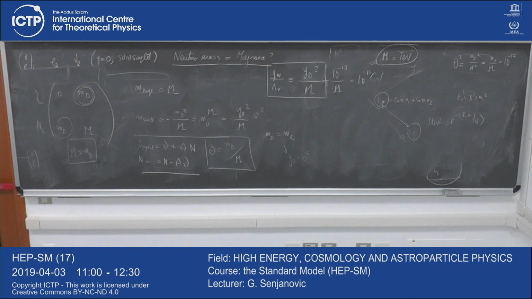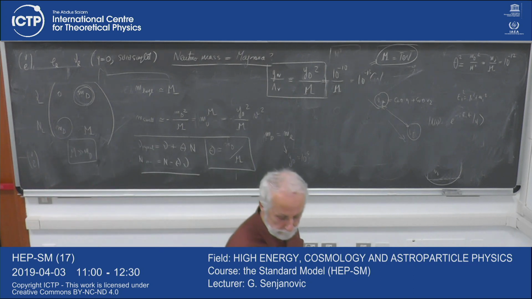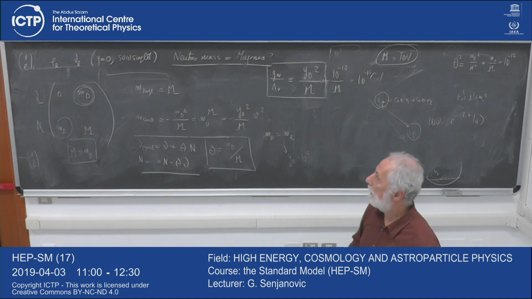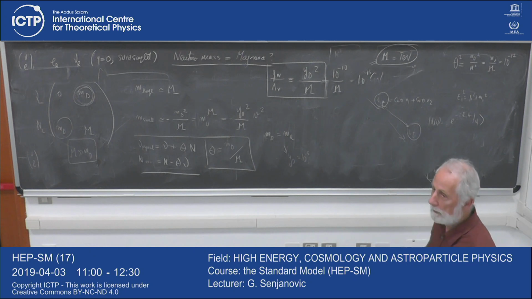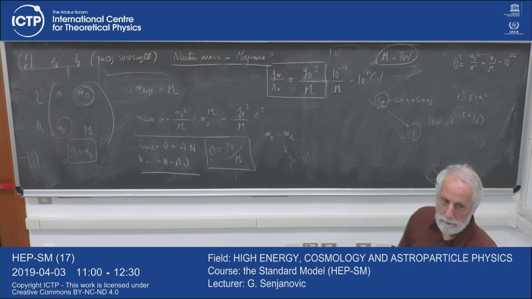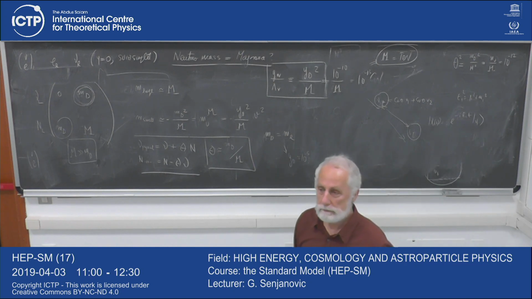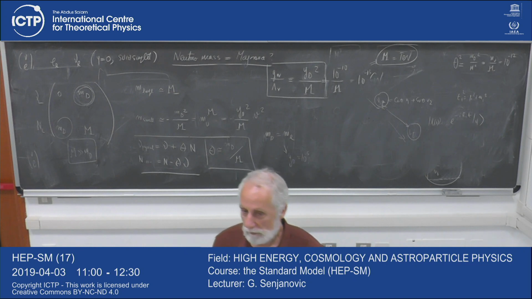I'll be talking about that. Or for example, could colliders, could the LHC tell us something about it? But that we'll touch on Friday, maybe on Monday some more. We stop here. We turn the machine off.